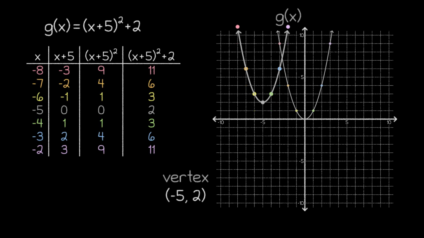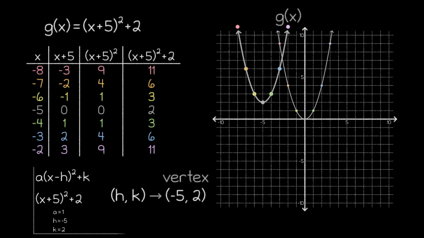Now, if we compare the official vertex form to g of x, we can see that h is -5, since x minus -5 is the same as x plus 5. We can also quickly see that k is +2, which means that the values of h and k in g tell us exactly where the vertex of the parabola is going to be.